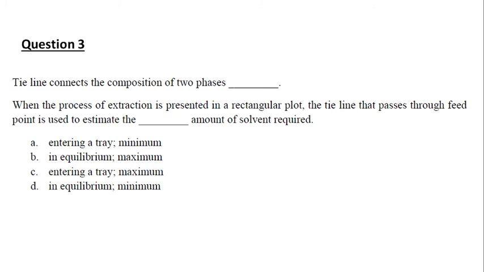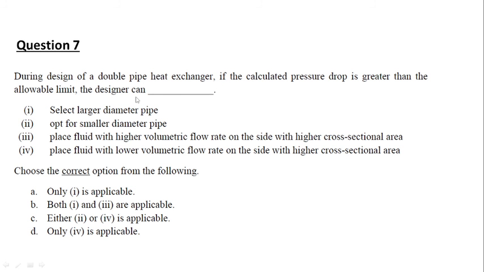Yes, sir. Actually, for a double pipe exchanger, after calculation of pressure drop, for each exchanger there is an allowable limit of pressure drop. So if we get a calculated pressure drop greater than the allowable, then we can increase the diameter of the pipe.